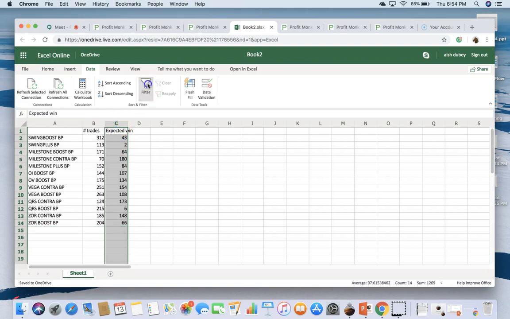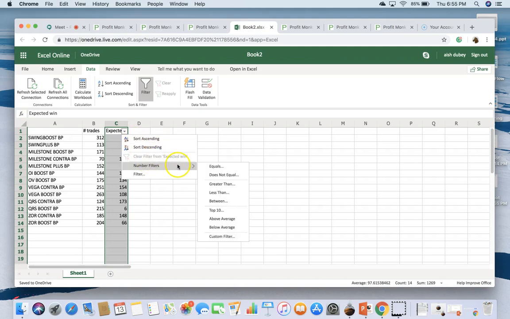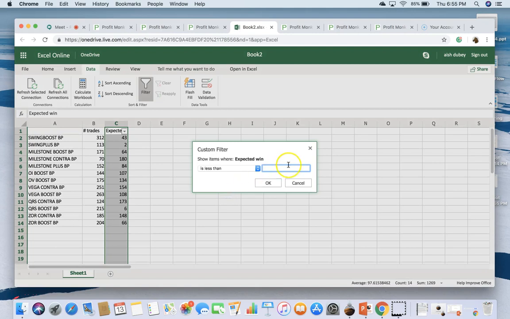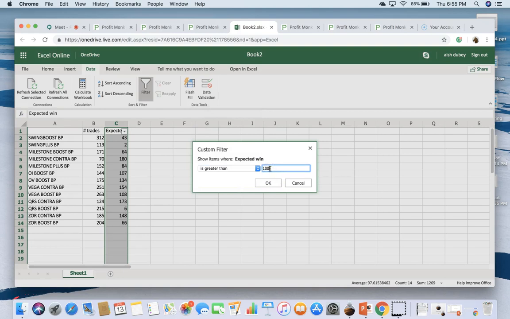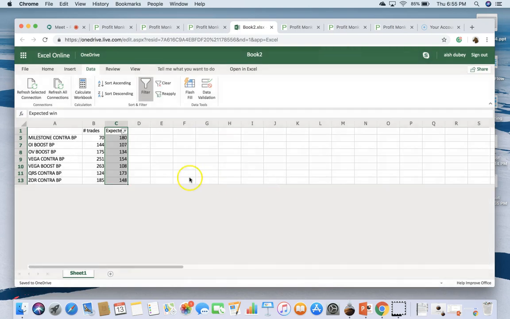Okay, let's see. Let's try filter. Okay, and then let's say less than or greater than. Let's say greater than 100. Okay, let's do that. So if I do that filter, it tells me that I can just use these 1 2 3 4 5 6 7 strategies.